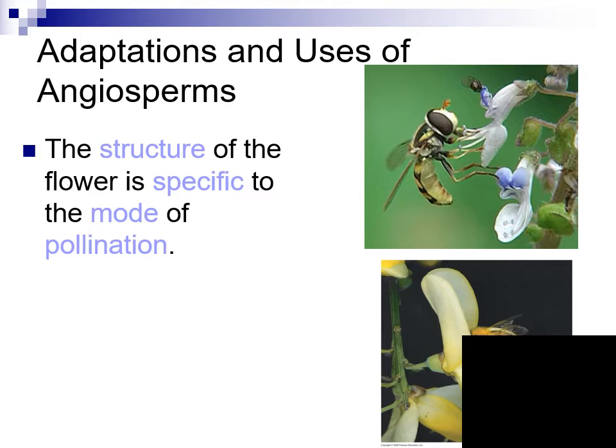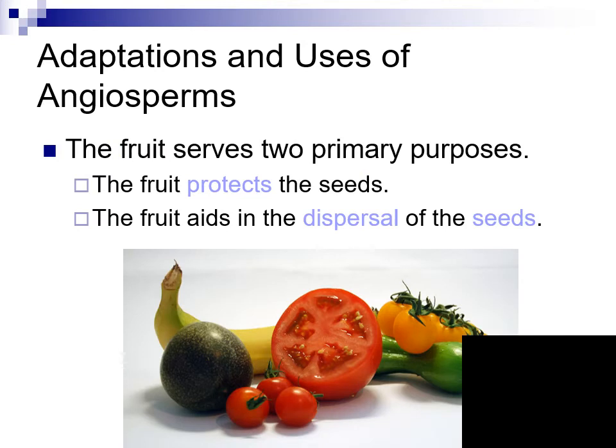So if we look at this orchid down at the bottom, the yellow flower, you can see that the stamens basically come around and the anther lands right on the back of the bee, and so for sure he's going to pick up pollen and take it to the next plant. This one up at the top, just a different kind of orchid, but the flower is a little bit different, the bee is a little bit different, but they're evolved to work together for that pollination event.